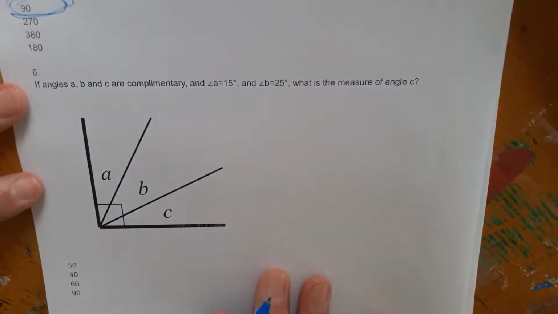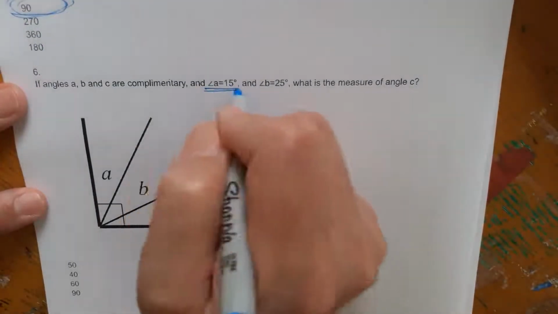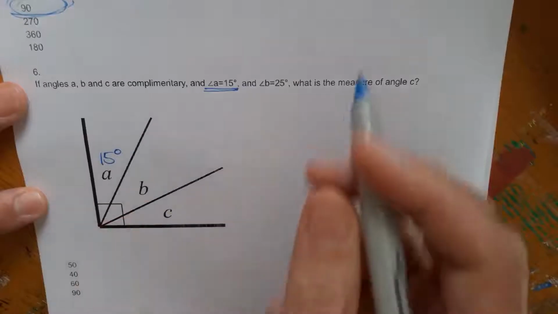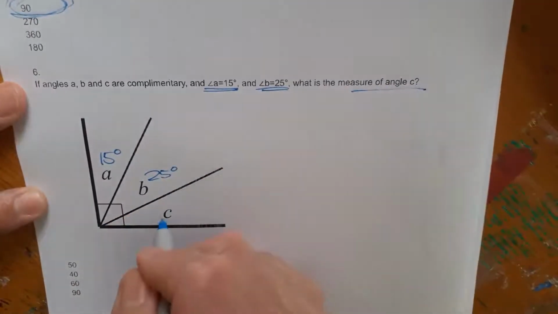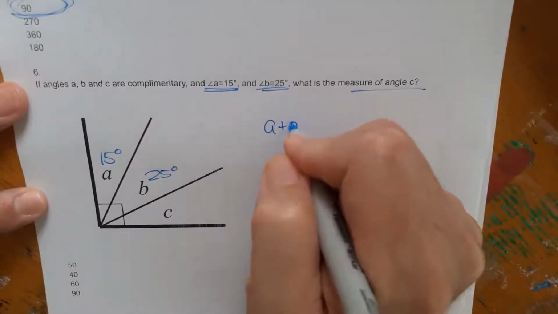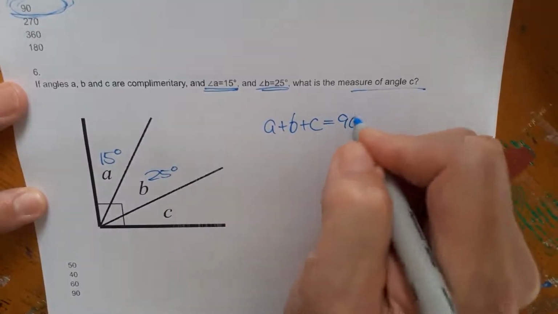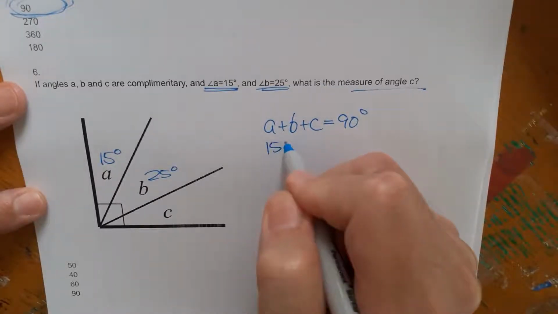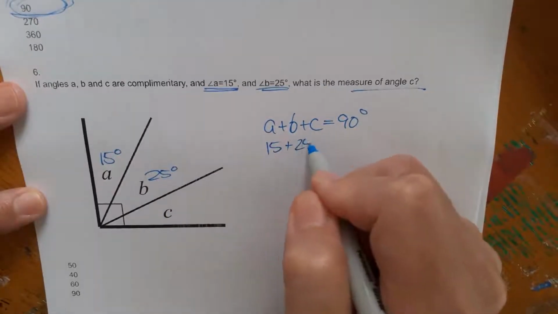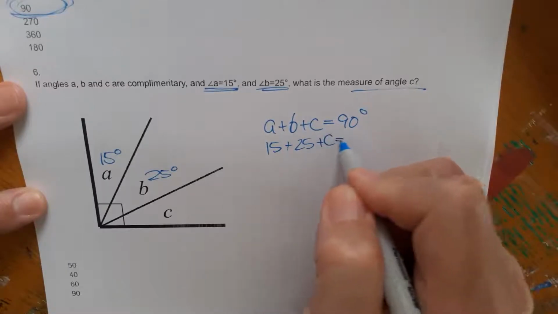So now they're going to actually give us A, they're saying it is 15 degrees. So let's say this is 15 degrees. B, 25 degrees. What's the measure of C? Well, A plus B plus C has to equal 90 because they're complementary angles, right? A is 15 degrees, B is 25, plus C equals 90.